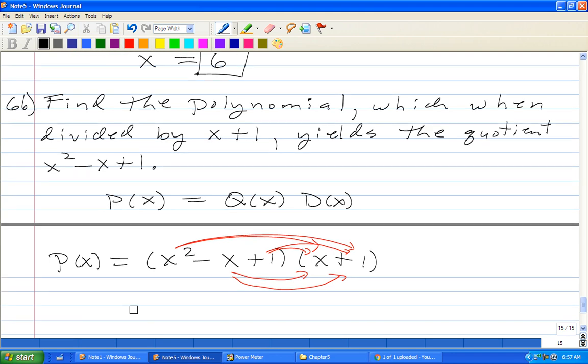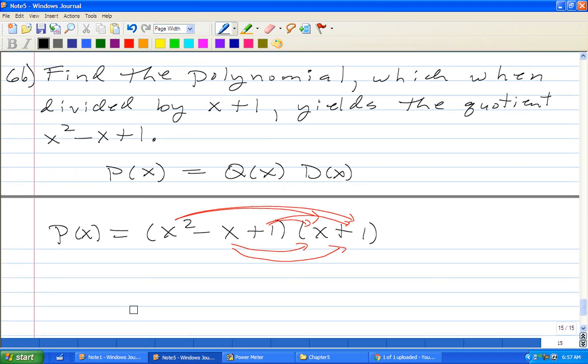And so I get x squared times x, x cubed, x squared times 1, x squared, minus x times x, minus x squared, minus x times 1, minus x, 1 times x, x, 1 times 1, 1.